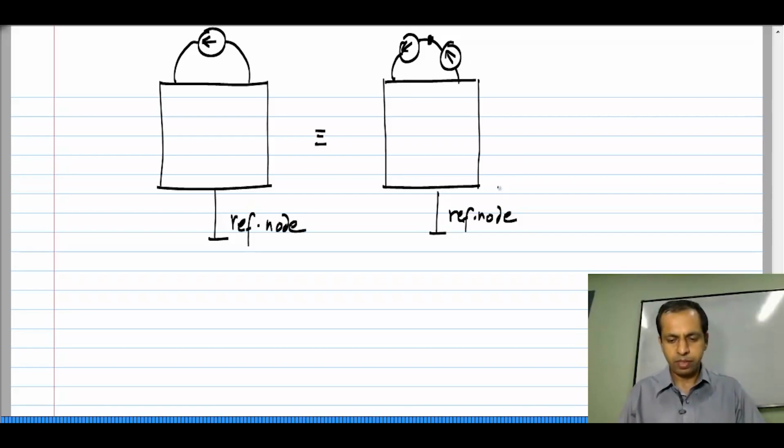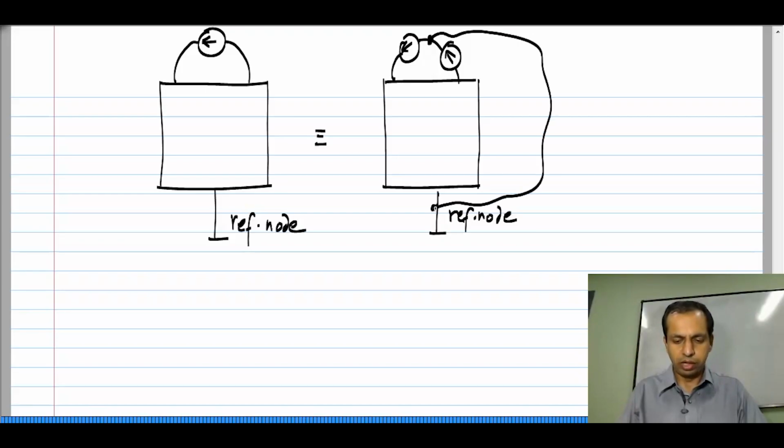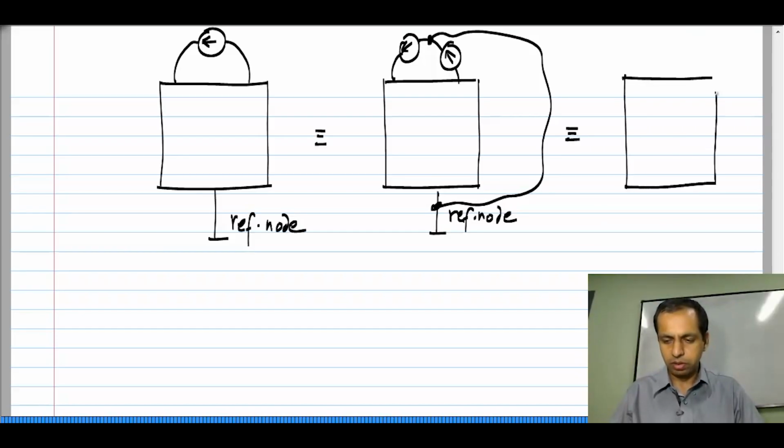Now, I can connect this to any node, and let us say I choose to connect it to the reference node. So, then I will redraw this circuit as this one.